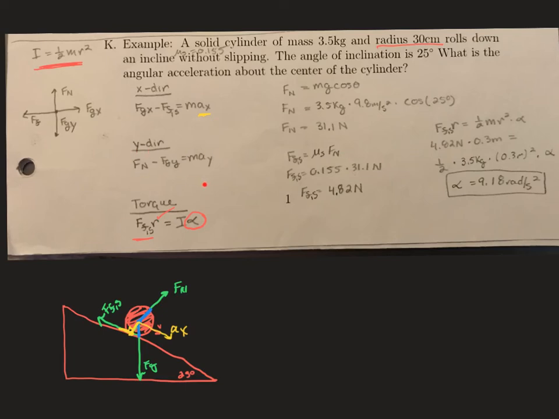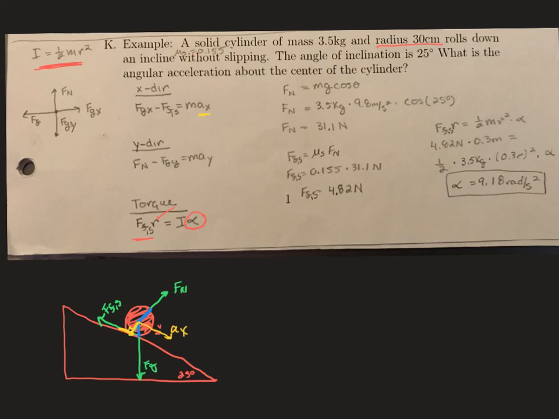So we have this relationship here, remembering that the object is not moving up and down on the incline. So this is 0, so our force normal equals our force of gravity in the y direction, and force of gravity in the y direction is going to equal mass times g times the cosine of theta. So you can find our force normal, which we can then plug in for force normal down here, and our coefficient is given in the problem.